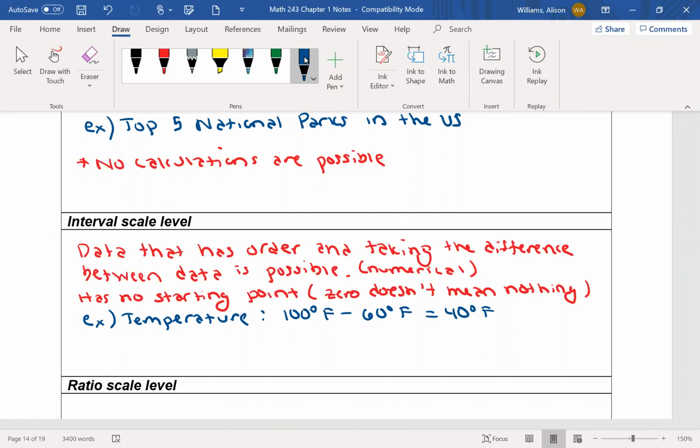But 0 degrees Fahrenheit isn't the starting point of the temperature scale, and it doesn't mean there is an absence of temperature. So 0 degrees doesn't mean nothing. It isn't a starting point because there are negative temperatures below 0 degrees. Obviously, we can do calculations because we can take differences.